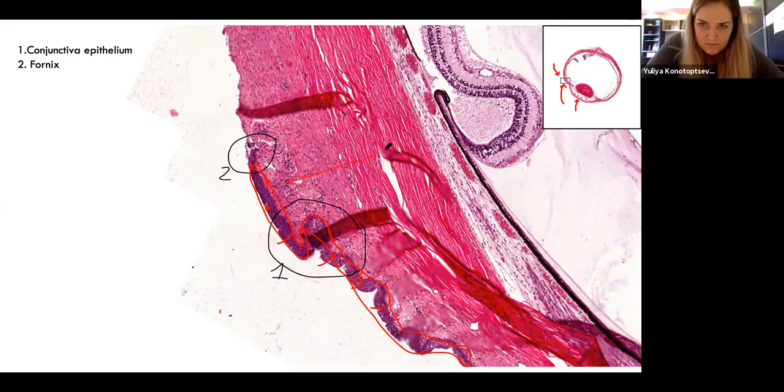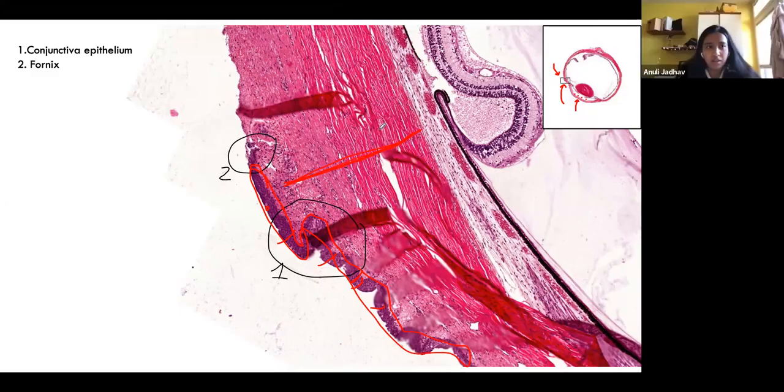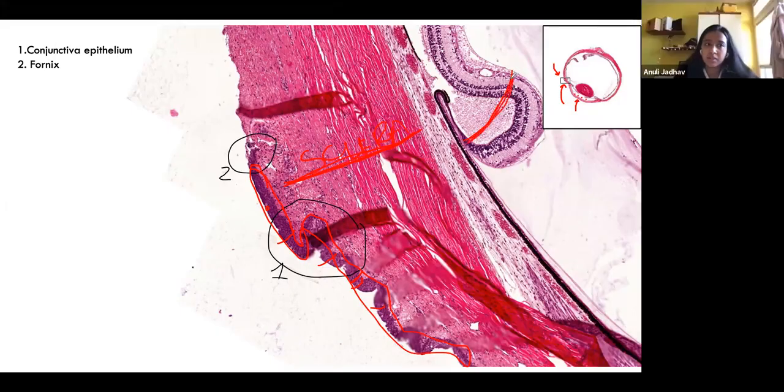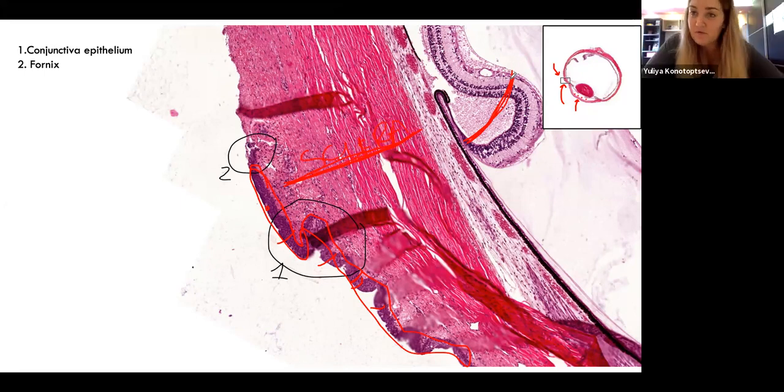What is bulbar conjunctiva on? Sclera. So this pinkish tissue right here is sclera. What do you think this is? Ciliary muscle. Probably ciliary something, right? We could say so, but it's not ciliary, it's actually already retina, because we can see many layers.